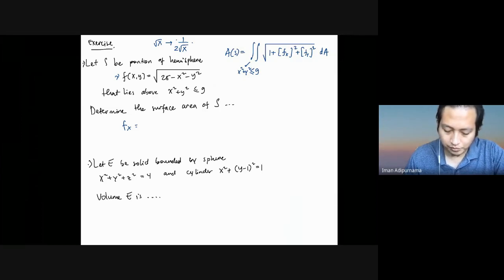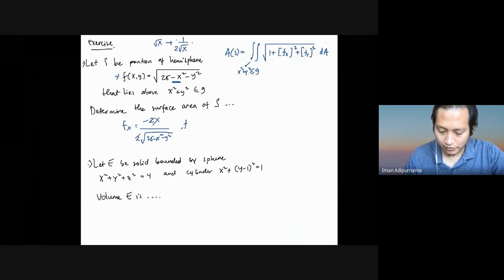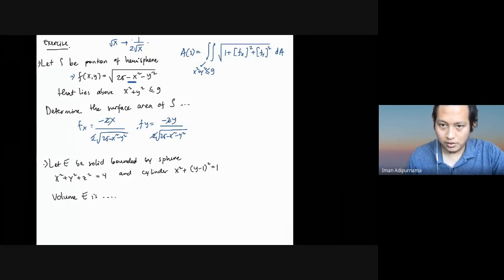So if this is negative x squared here, it will be negative 2x divided by 2, right? Okay, and then you get this. And for y it is also similar. Okay, so you are using this and then plug into here.